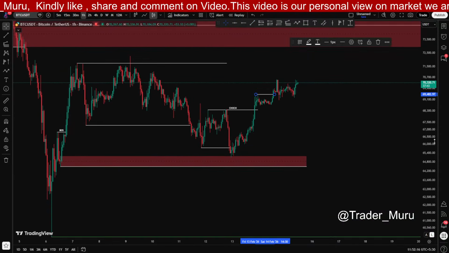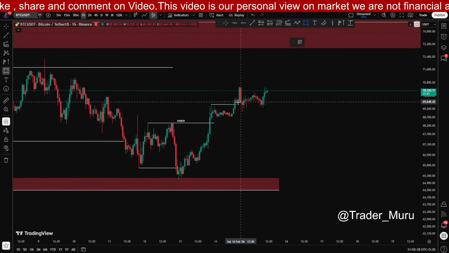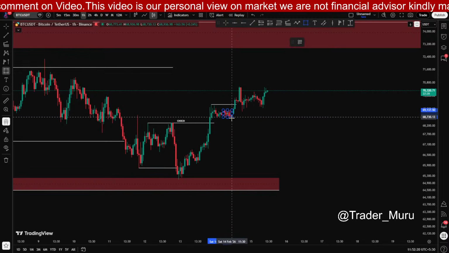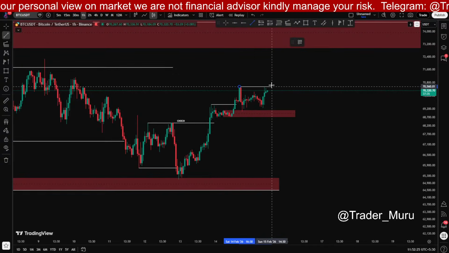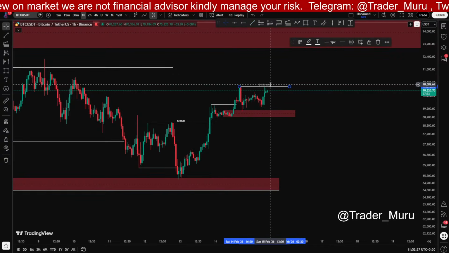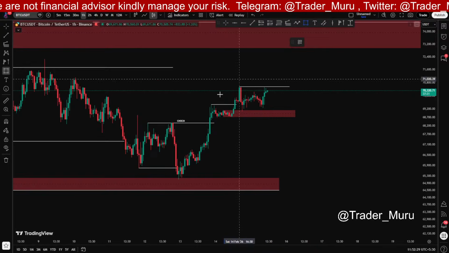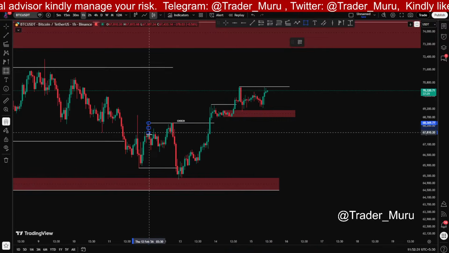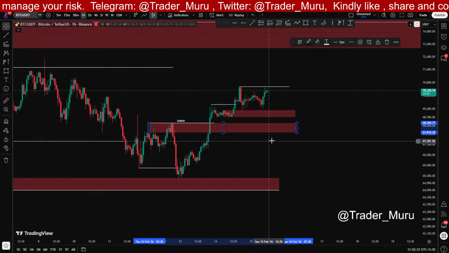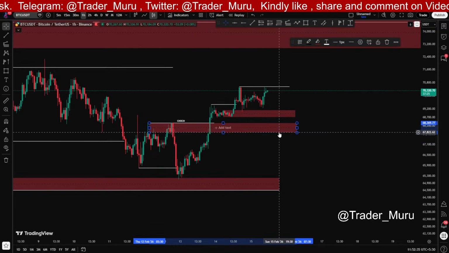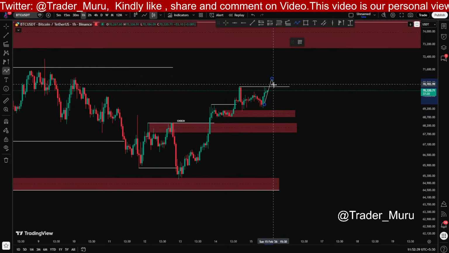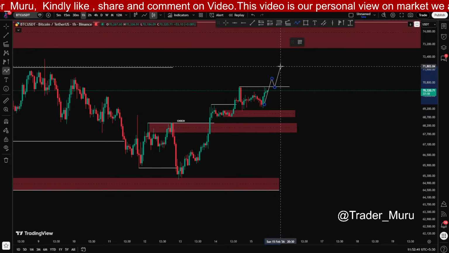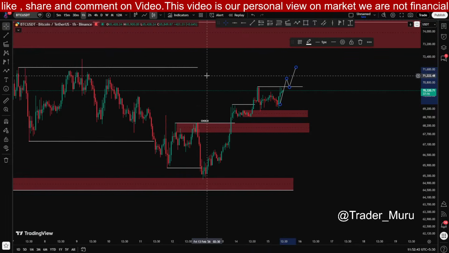So from this zone BTC is now bullish. It has already tested this area. Price is going here. It will test here. If it again drops, then this area will be good to buy again. If not, then you can buy on break and retest.